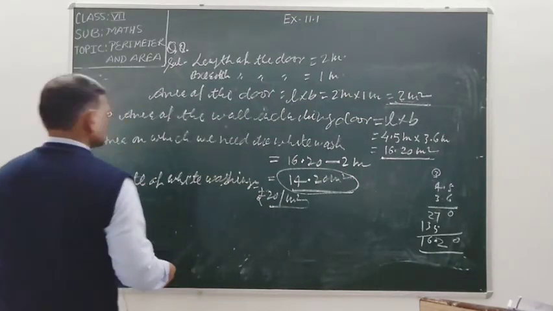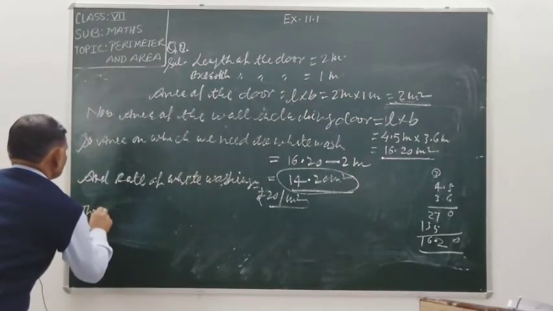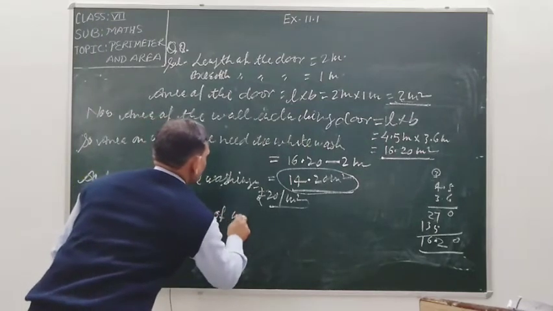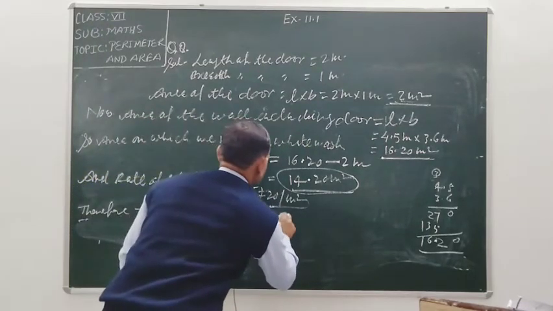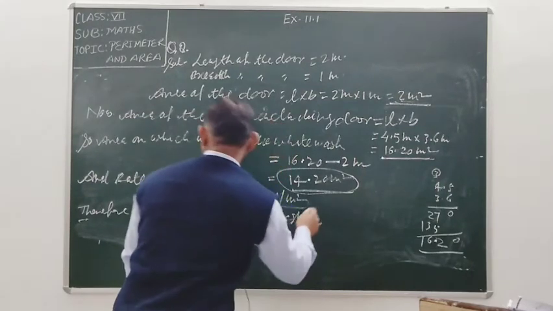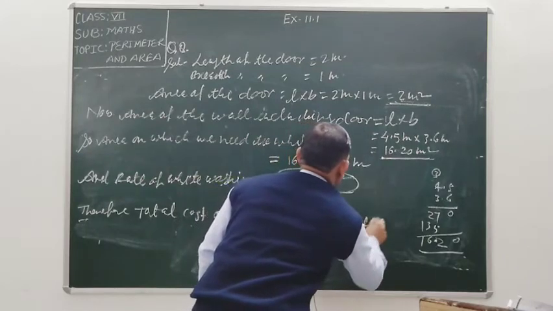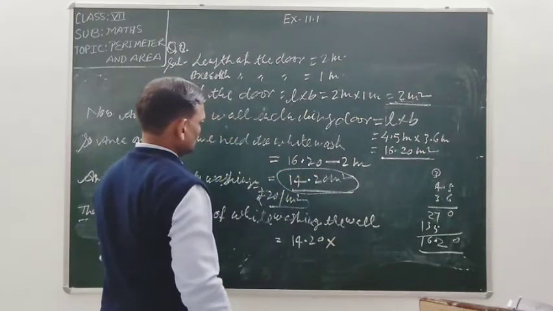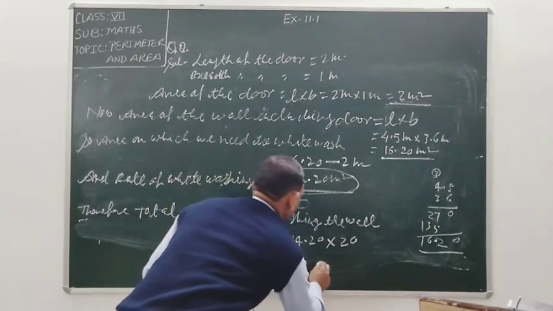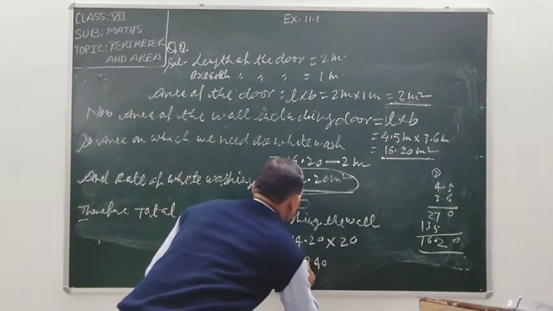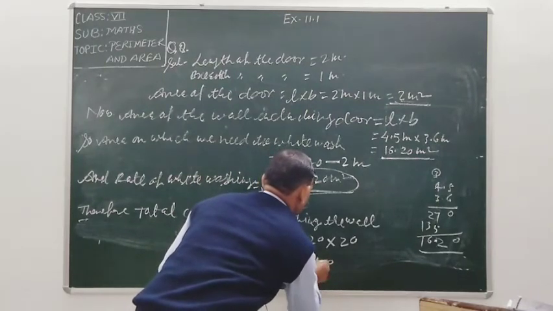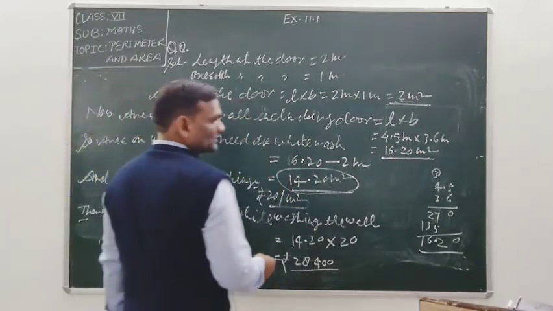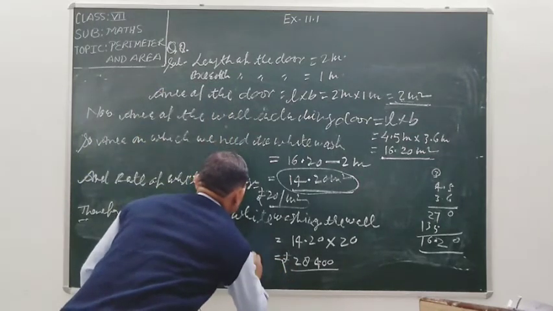So, therefore, total cost of whitewashing the wall is equal to 14.20 into 20, that is 2 0s are 0, 2 4s are 8, 2 1s are 2, that is 284 rupees is the total cost of the whitewashing. This is my answer.